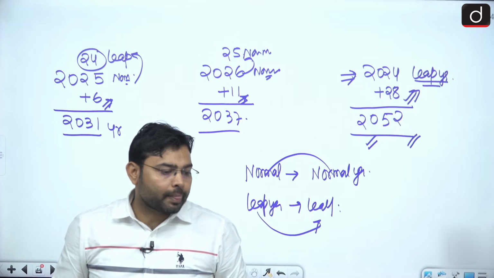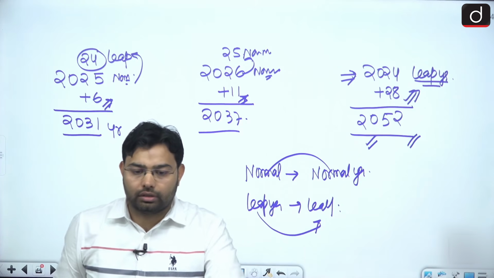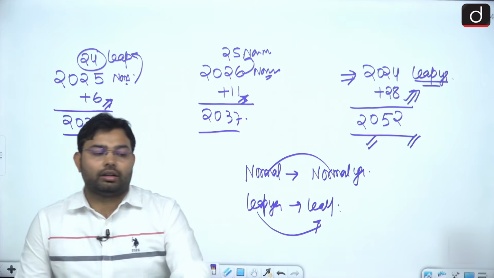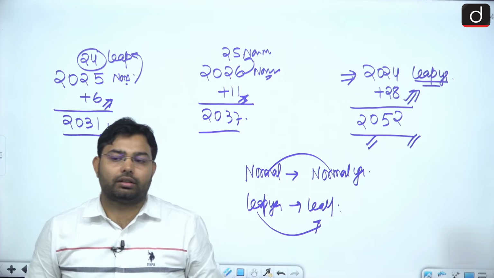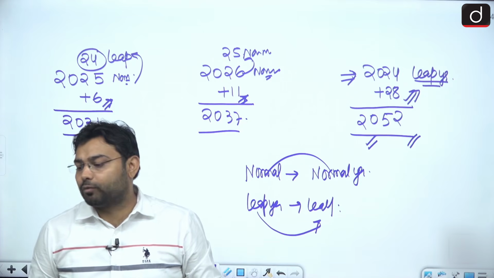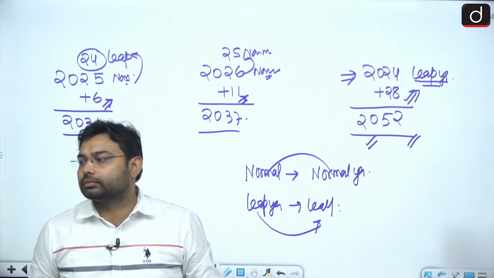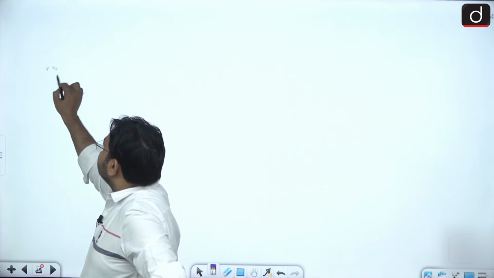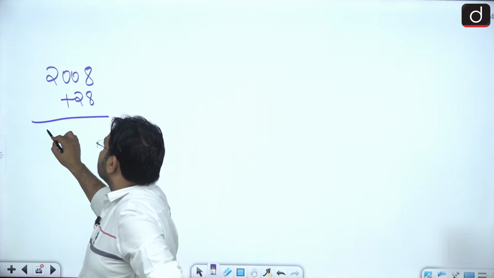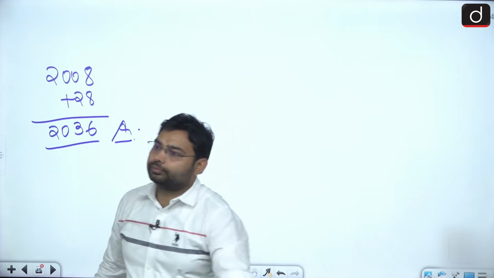Then you will tell me now, the calendar for 2008 will repeat in which year? 2008 is a leap year, so a leap year will repeat after 28 years, so this is done.